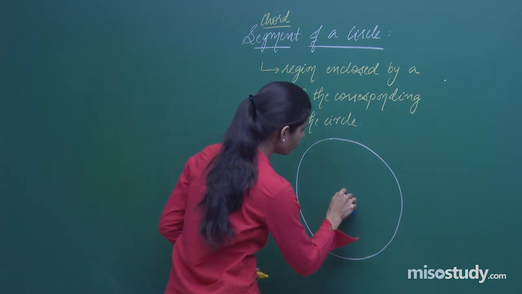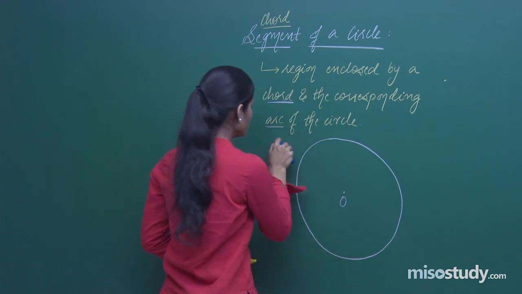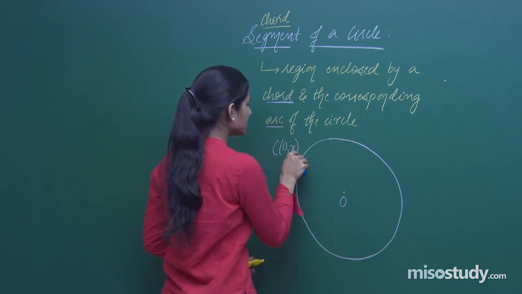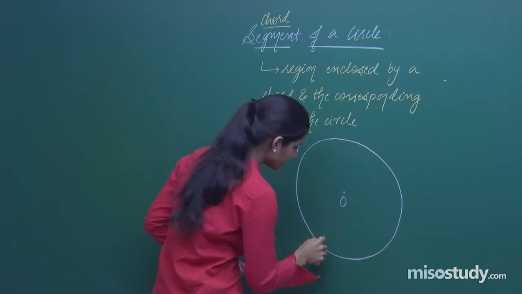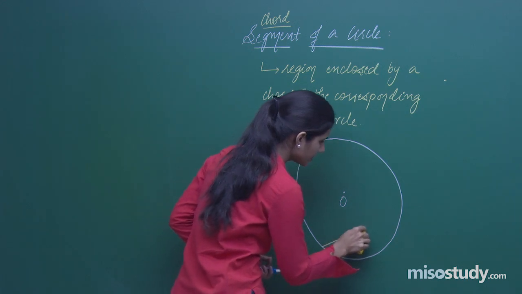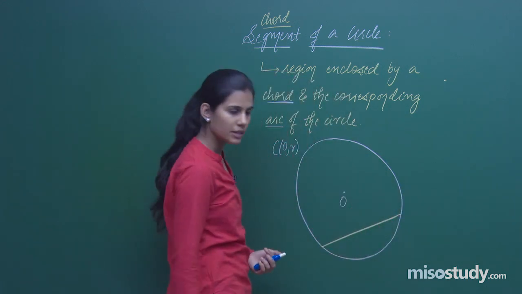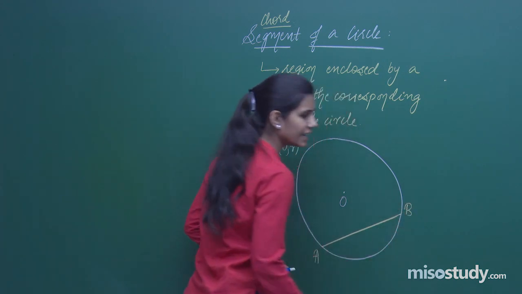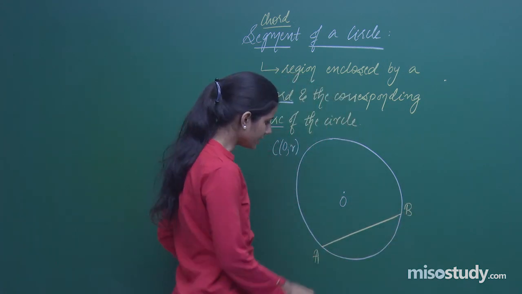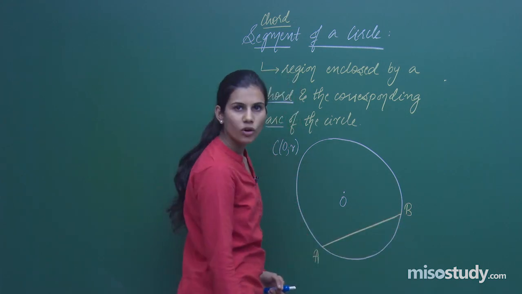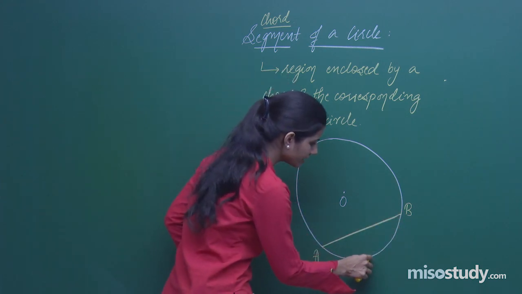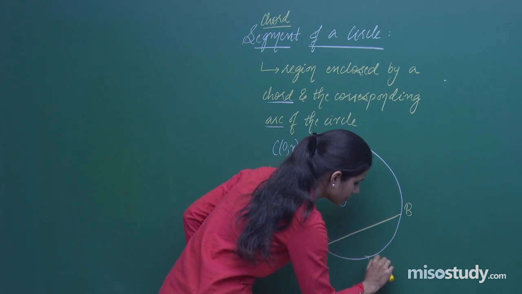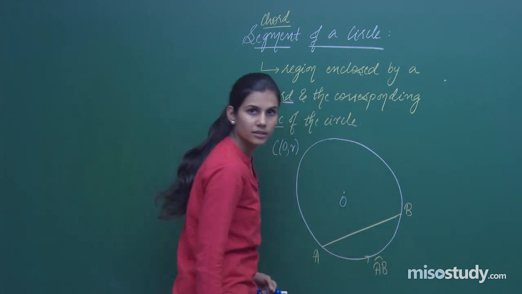If this is a circle of radius r, a circle with center O, radius r, I just take any chord over here. See, this is the chord, any chord. So this is A, this is B, this is chord AB. Automatically, if I am reading this as chord AB, the arc corresponding to it is the AB arc, right?